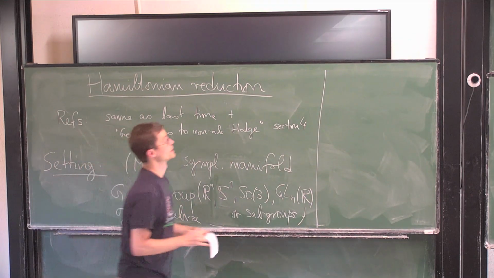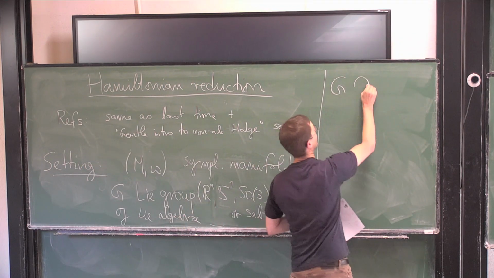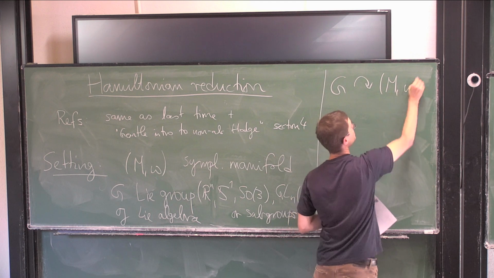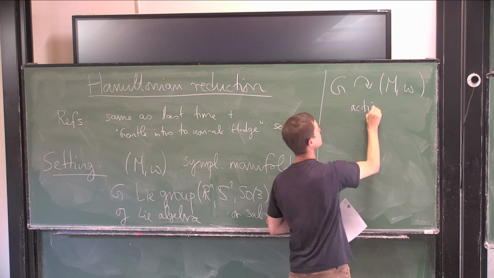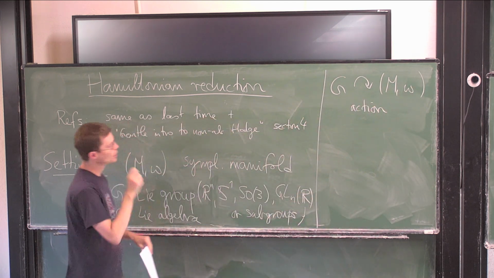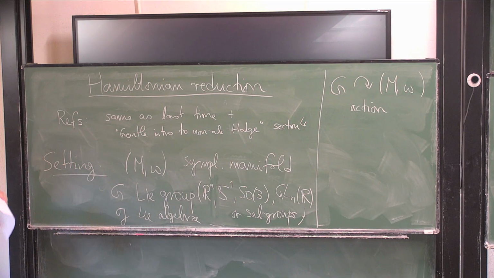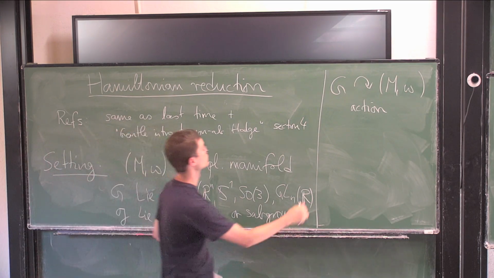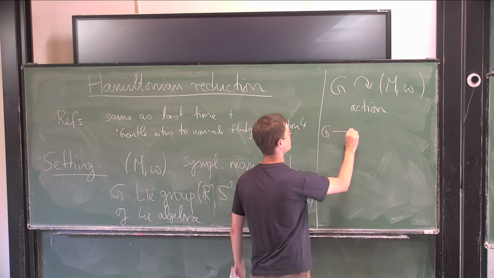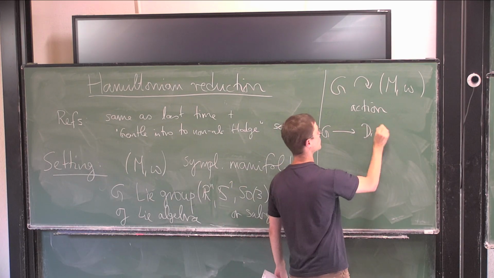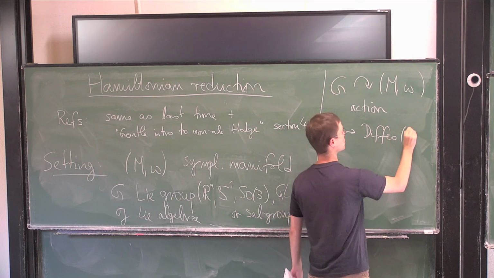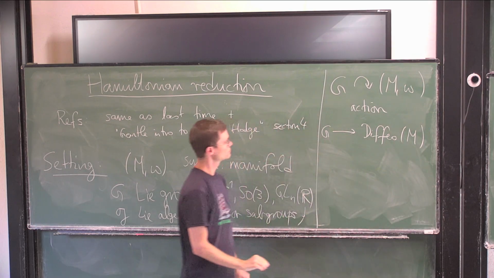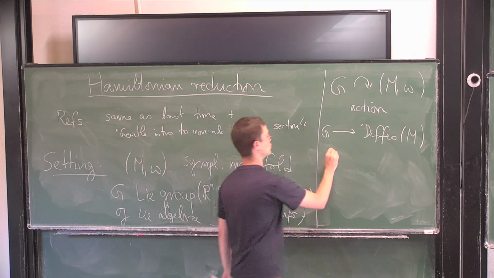And then the general setting is that we have an action. So G acts on M. In general, what does it mean to act? There are different viewpoints. You could say that there's a map between G and the diffeomorphism group, and you want this to be a homomorphism.